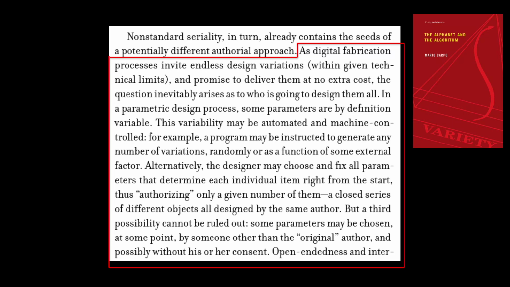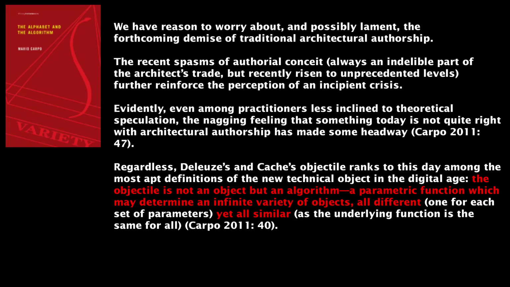Alternatively, the designer may choose and fix all parameters that determine each individual item right from the start, thus authorizing only a given number of them, a closed series of different objects, and all designed by the same author. But a third possibility cannot be ruled out. Some parameters may be chosen at some point by someone other than the original author, and possibly without his or her consent. End of quotation.